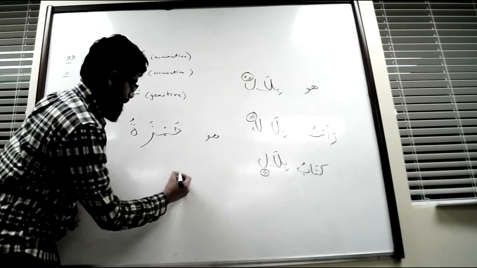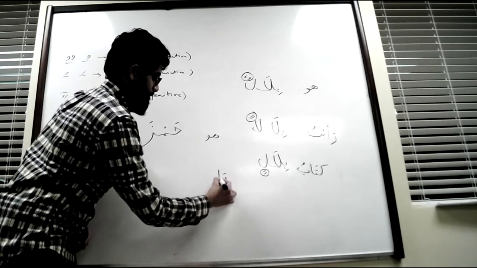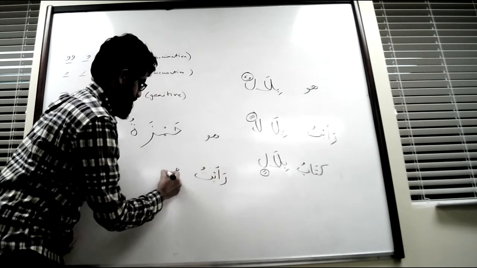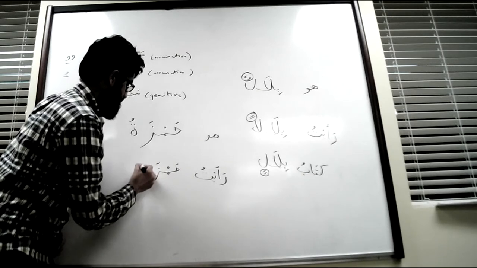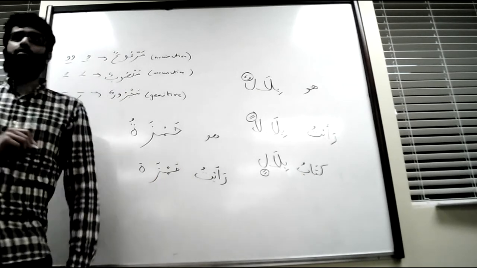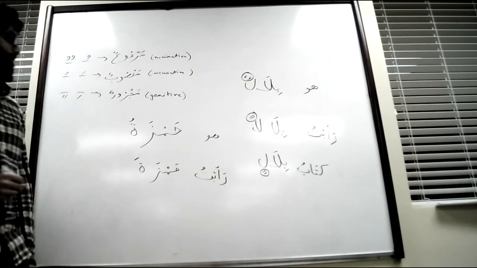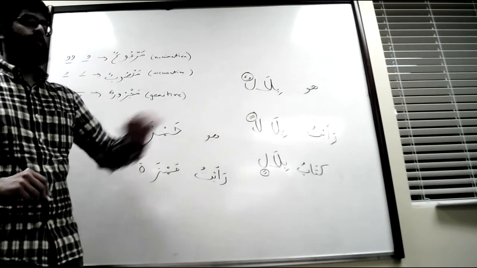Now, if I want to say I saw Hamza, I'm going to say ra'aytu. What am I going to say? Hamzata, right? So just like bilalan, I make the two dhammas into two fathas.